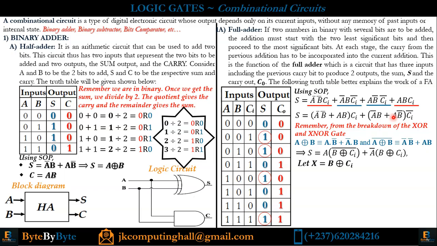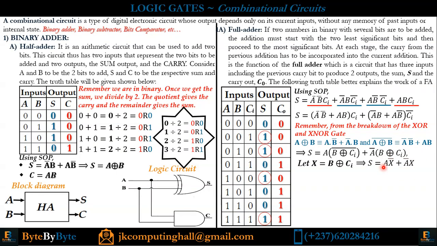So if X is equal to B XOR Ci, what will I get? I am going to have S equal to A. If this is X, then this is X bar. So A X bar plus A bar X, as you can see. So if this is X, then S is going to be A X bar plus A bar X.